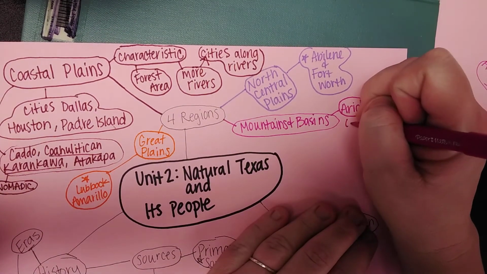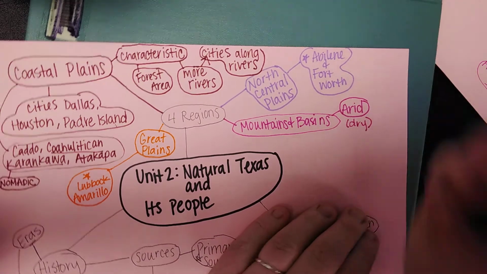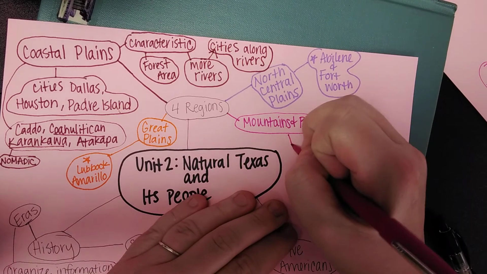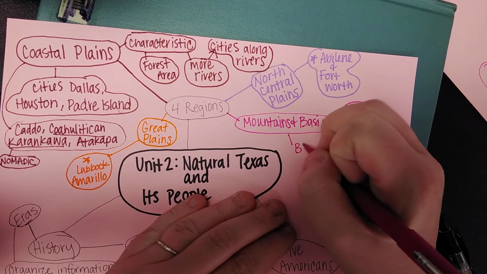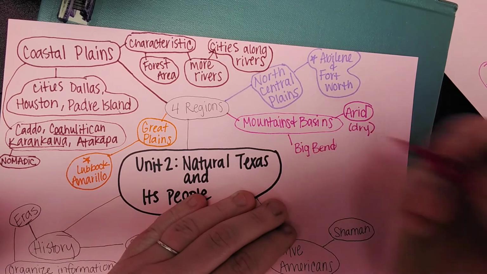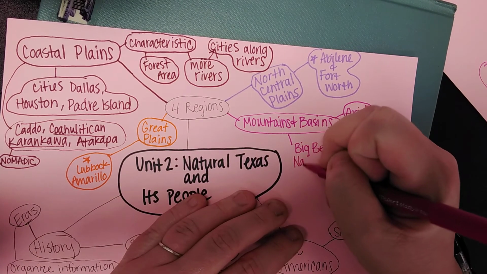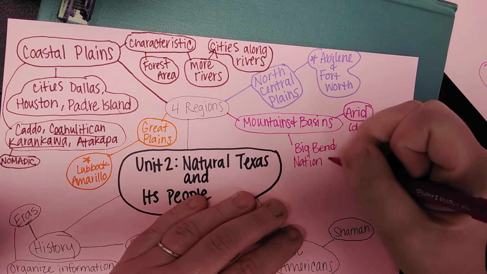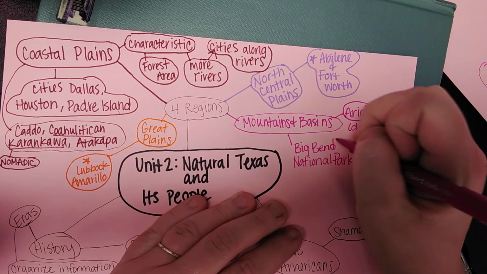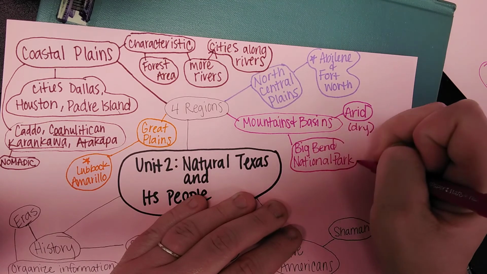Arid means dry. In the mountains and basins, we have a major thing called Big Bend. That's our only Texas national park. All of the other ones are state parks. National park. It's beautiful. It's up next to the Rio Grande River.